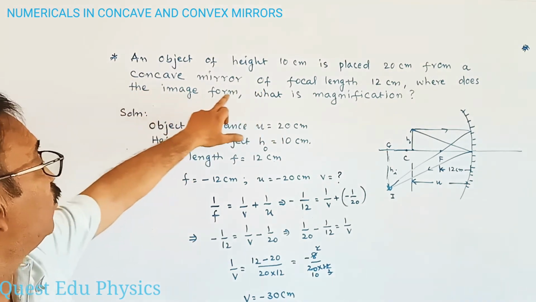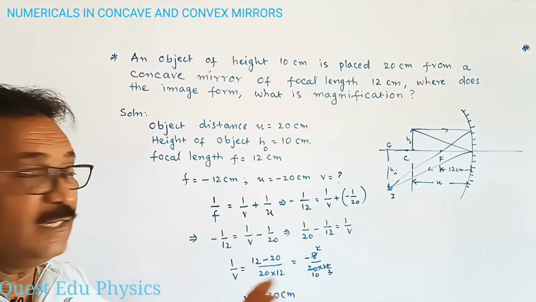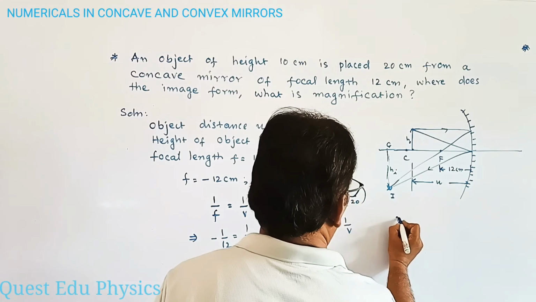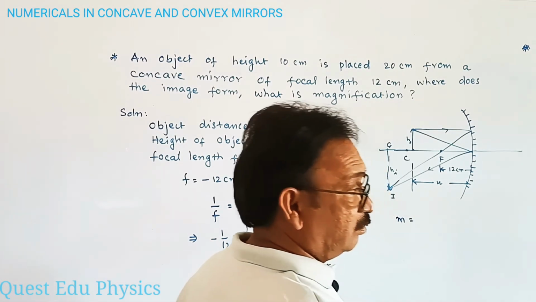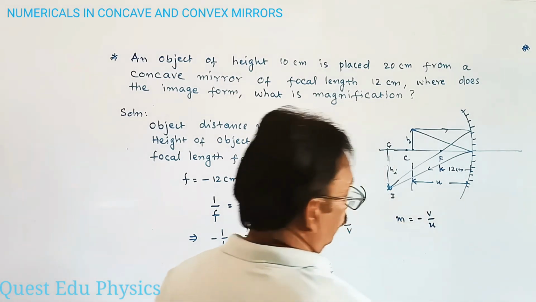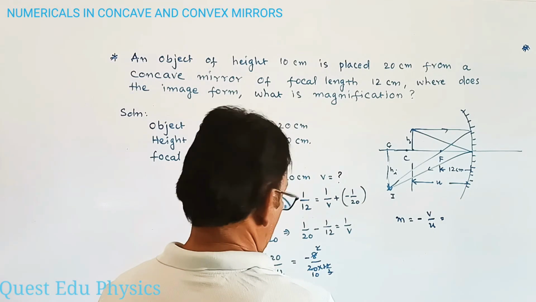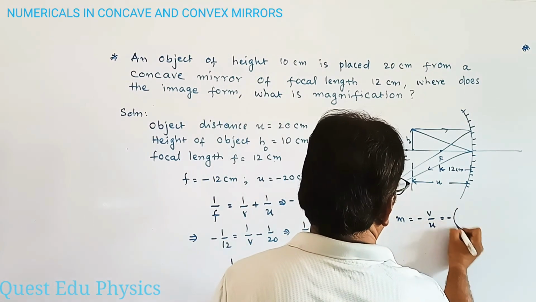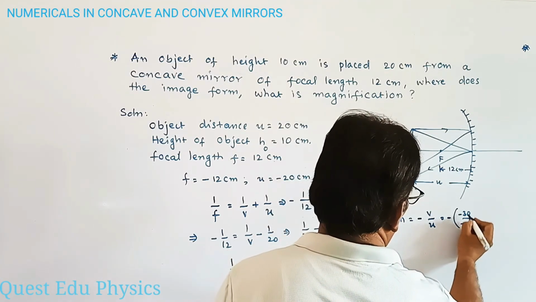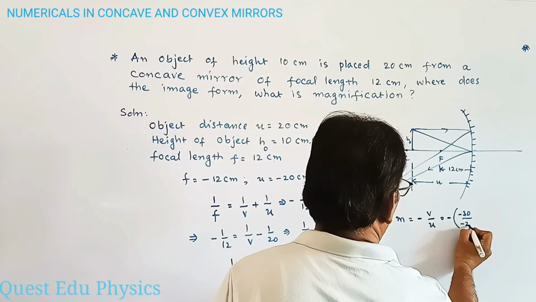Where does the image form? The image forms at a distance of minus 30 centimeter. The next term, the magnification. Magnification is what? Minus v by u. Okay, students, here minus of minus 30 by minus 20.